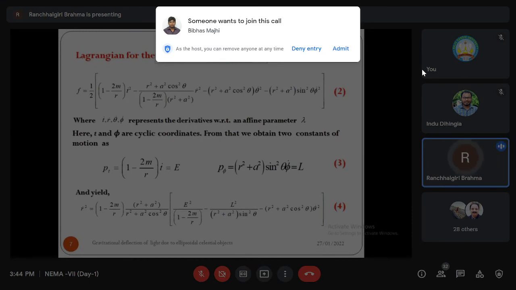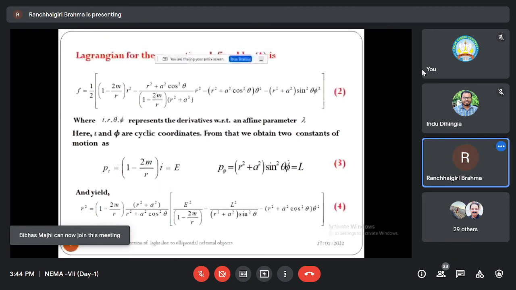From that we can obtain two constants of motion, represented by equation 3, E and L. Using equation 3 in equation 2, we put f equal to 0, because for a null geodesic f equals 0.